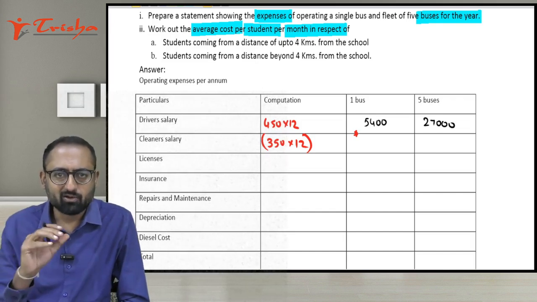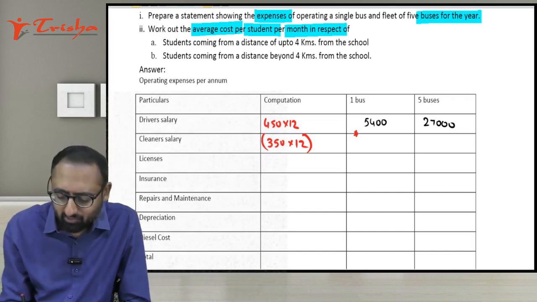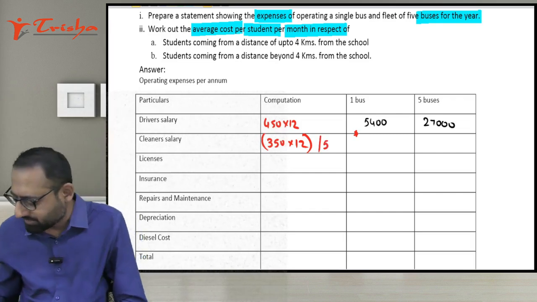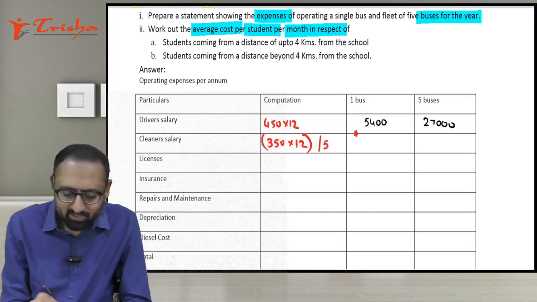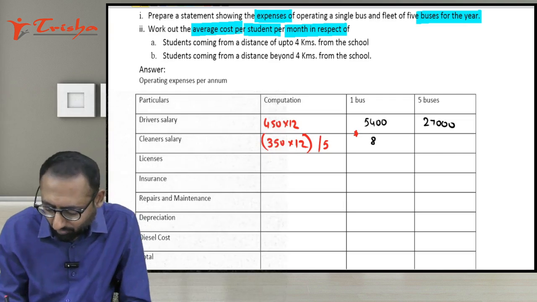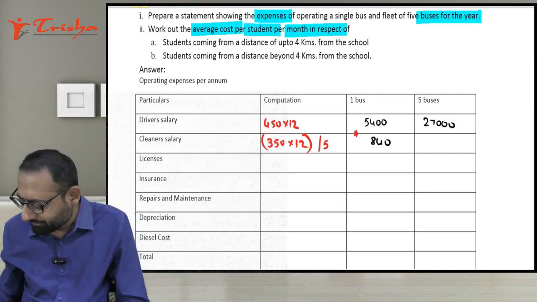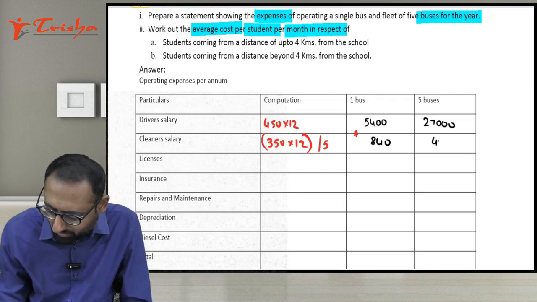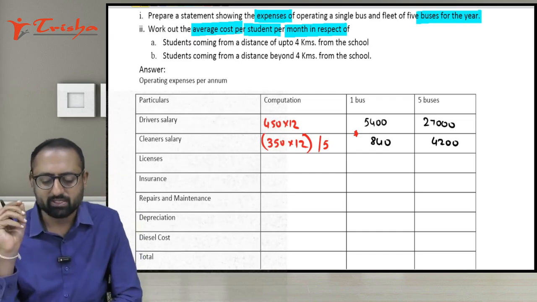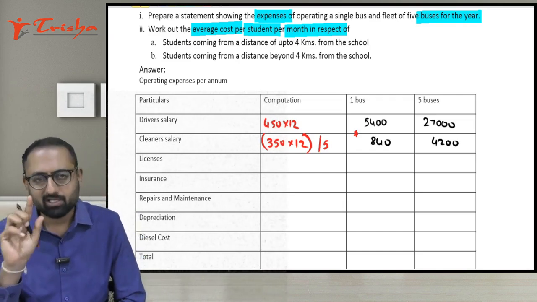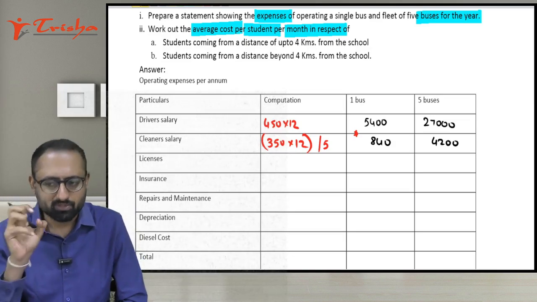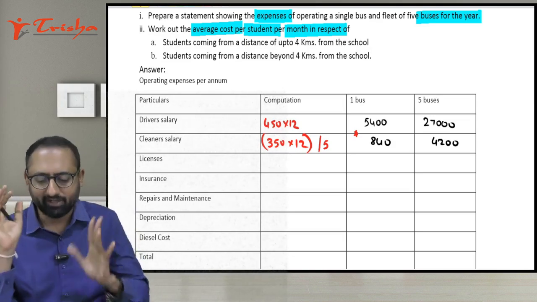So one cleaner's cost is divided among the five buses. Divided by five, one bus cost will be 840, and for the five buses, your cost will be 4,200. I hope you have got this adjustment. One cleaner is sufficient for the five buses, so the salary will be distributed among them.